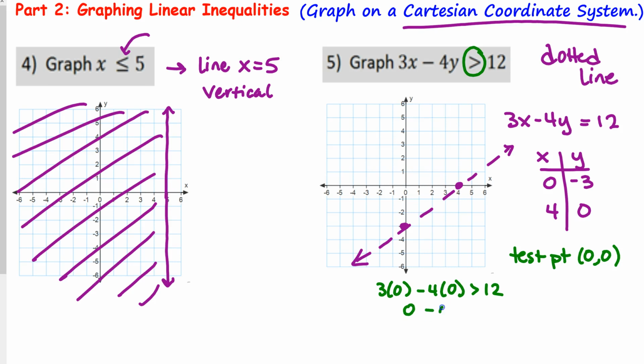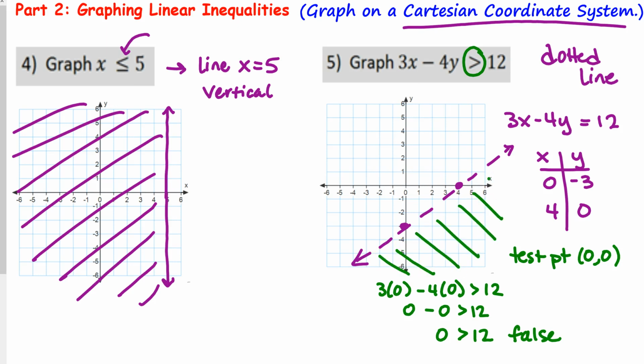So that would be 0 minus 0. That would be 0 is greater than 12, and that is false. So that means don't shade 0, 0. It's not a solution. So don't shade the region that includes 0, 0, and that tells us we're going to shade below. So every point in the shaded region is a solution. The points on the line are not solutions. That's why we made it a dotted line.